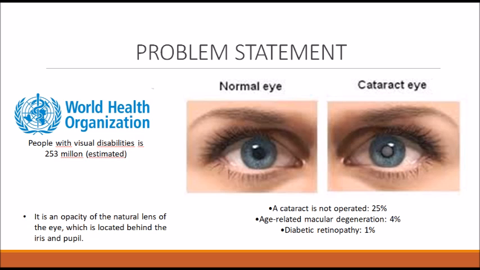The main causes of blindness are cataract, which is operable, with 25%, age-related macular degeneration with 4%, and diabetic retinopathy with 1%.